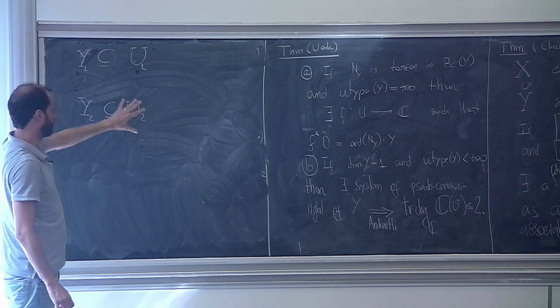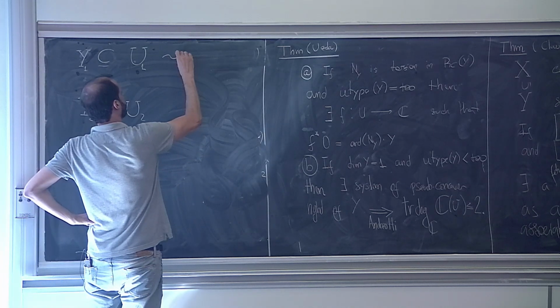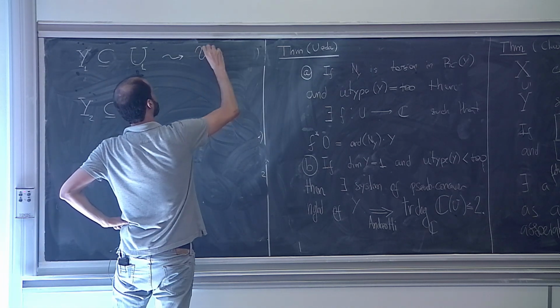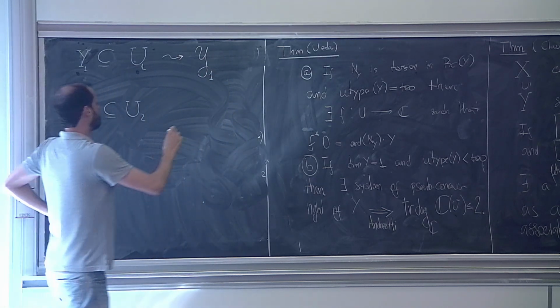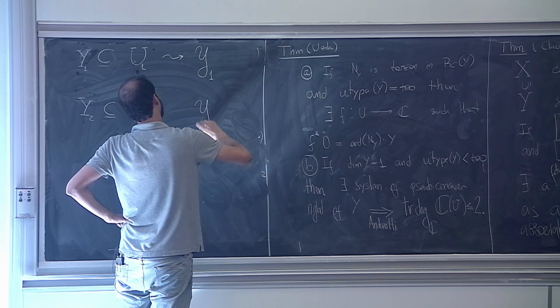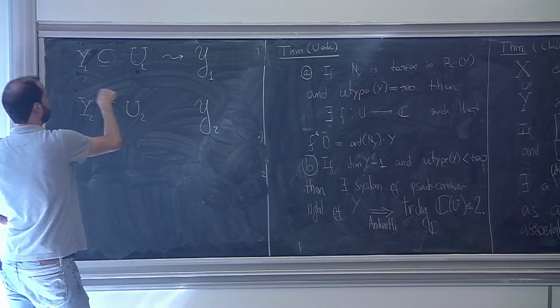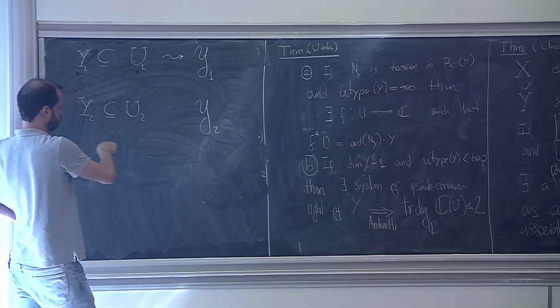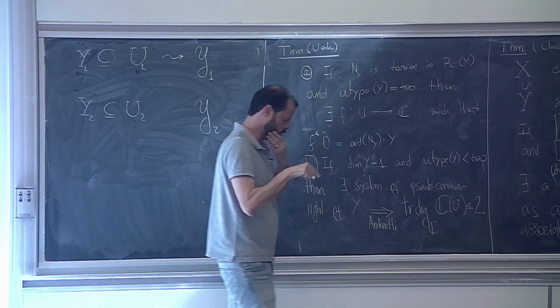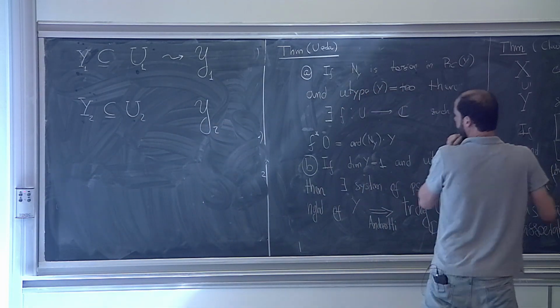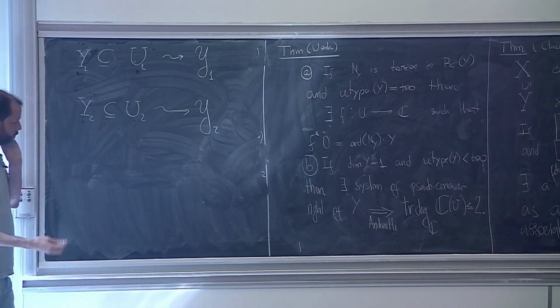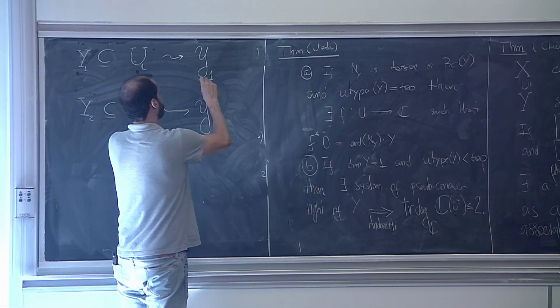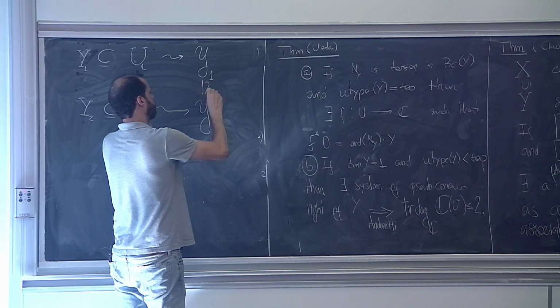Again, the same situation. And from this data, we can look at the formal completion of Y1 inside U1 and the formal completion of Y2 inside U2. And you have this situation. And you can assume that these things are formally isomorphic.